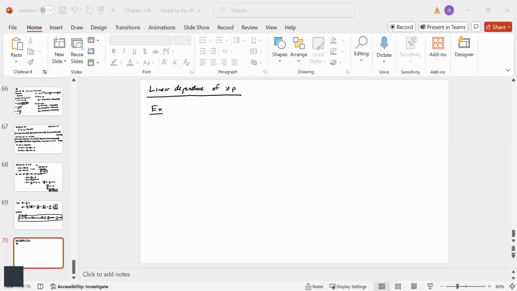For this one, we're just going to say determine yp for y double prime minus 5y prime plus 4y equal to 8e to the t.